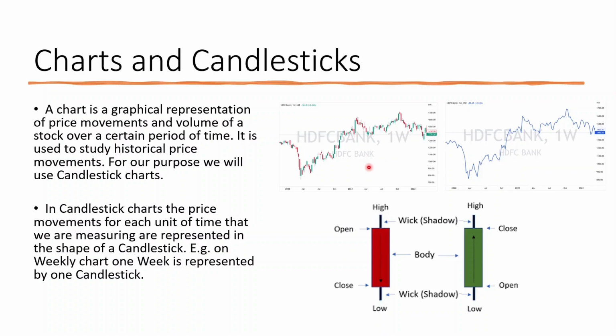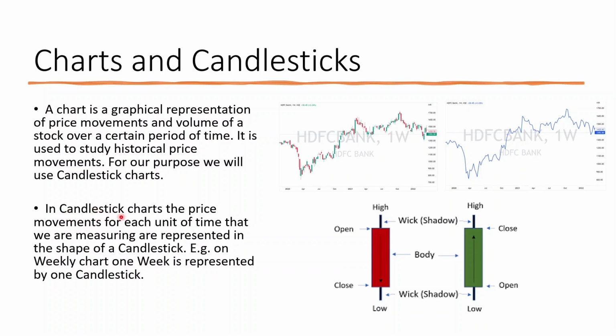Over here what it does is it traces one unit of time, in our case, which is 1 week. You can take 1 week as one candlestick, and then along the time axis, as each week passes, a new candlestick gets formed, which captures the change in price move.